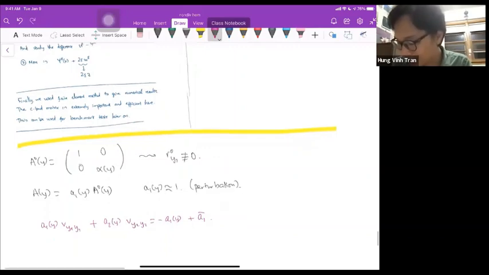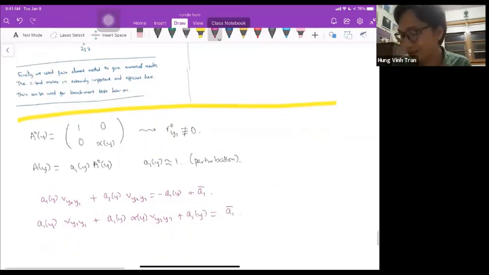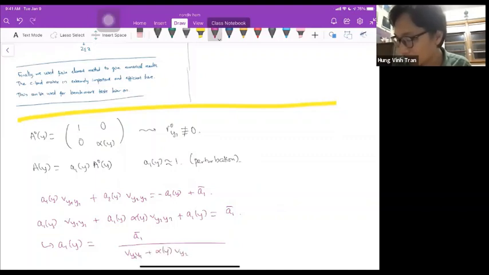Because this is A1 of y, Vy1 y1 plus A1 of y, alpha y, Vy2 equals A1, plus A1 of y equals A1 bar. And then it suggests that we can try to start with A1 of y equals A1 bar over Vy1 y1 plus alpha y Vy2 plus 1 or something.